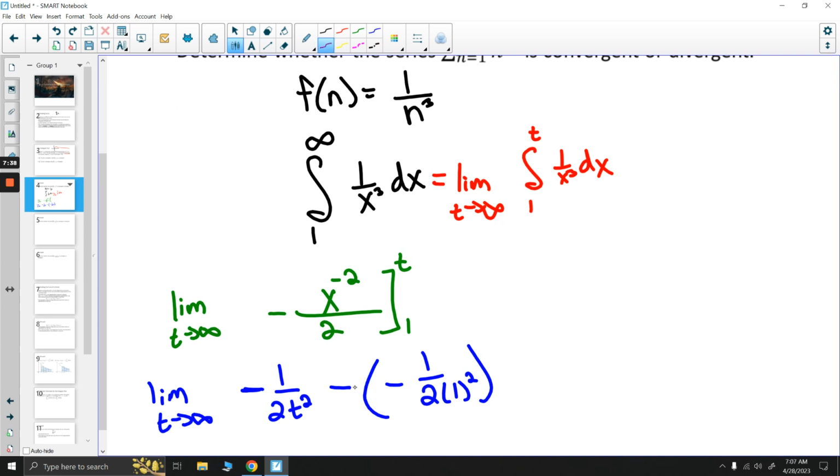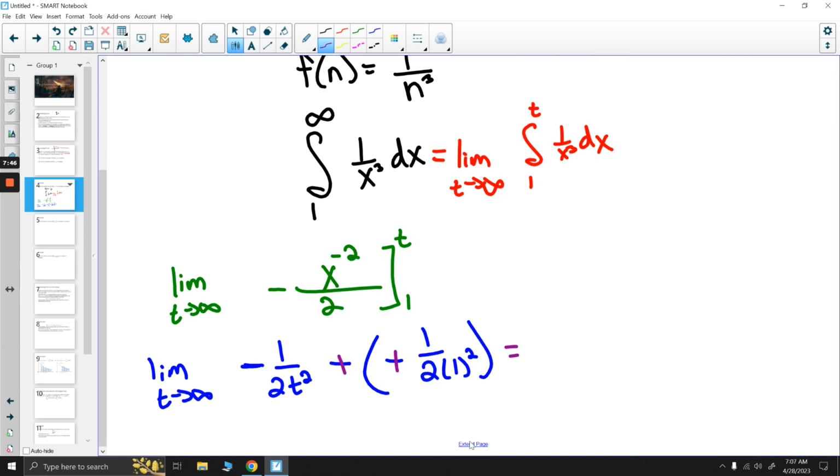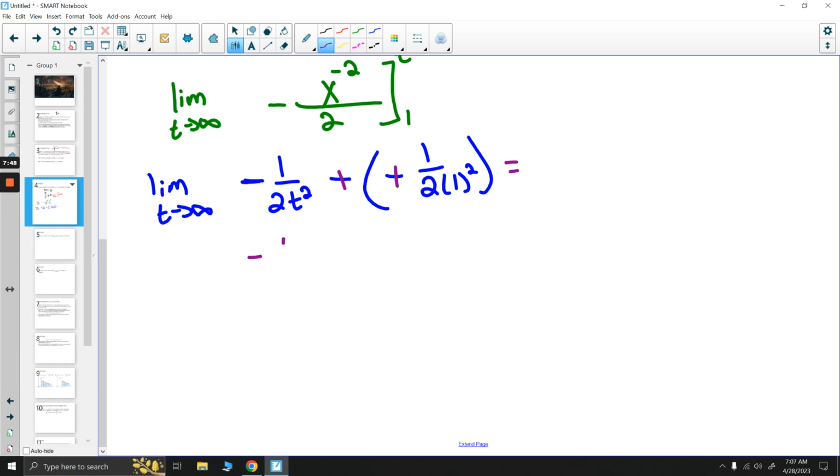Okay, so minus a negative is plus a positive. As t goes to infinity, negative 1 over 2 times infinity is just going to be negative 1 over infinity plus 1 over 2. And negative 1 over infinity is just 0, because a constant divided by infinity is 0.